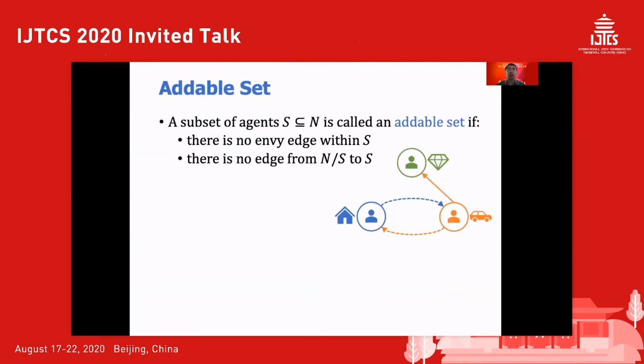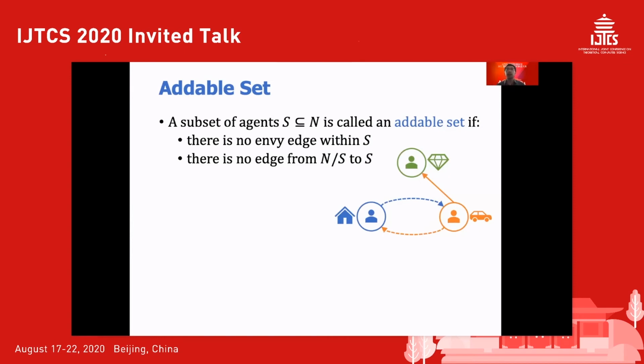Given an envy graph, we say a subset of agents is called an edible set if it satisfies the following conditions. First, there should be no envy edges within this set S. Within this set S of agents, there cannot be any strict envies.